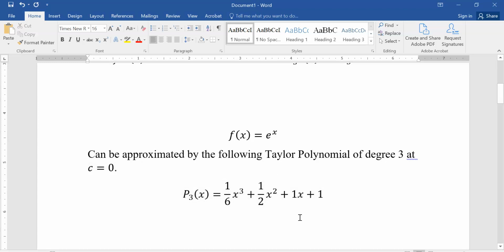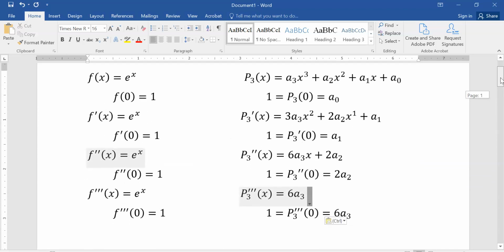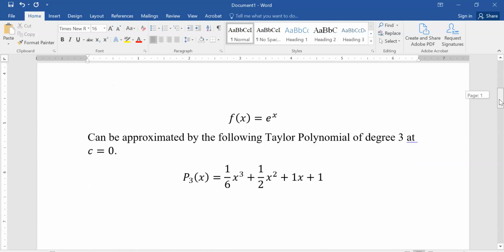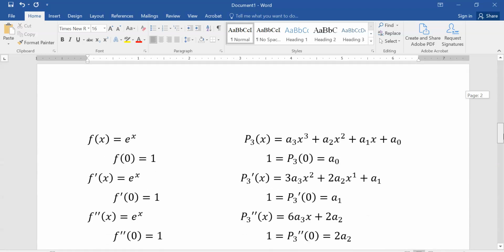Now you might ask, well, that was all fine and dandy for centering things at 0. What happens if we want to center this at a different number?